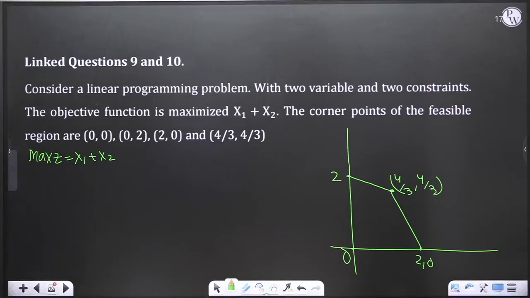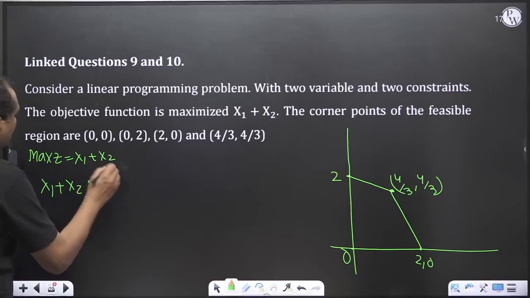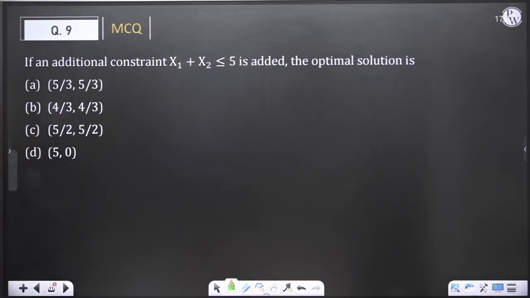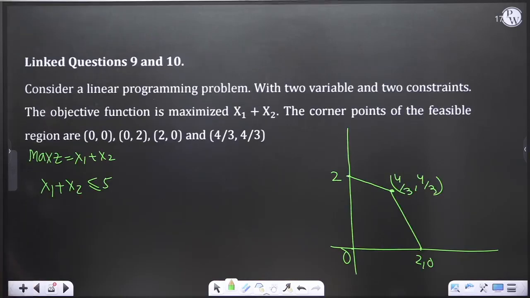So we have to find out, if an additional constraint x1 plus x2 less than 5 is added, what the optimum solution is. This is the question. If an additional constraint x1 plus x2 is less than 5 is added, what is the optimum solution?